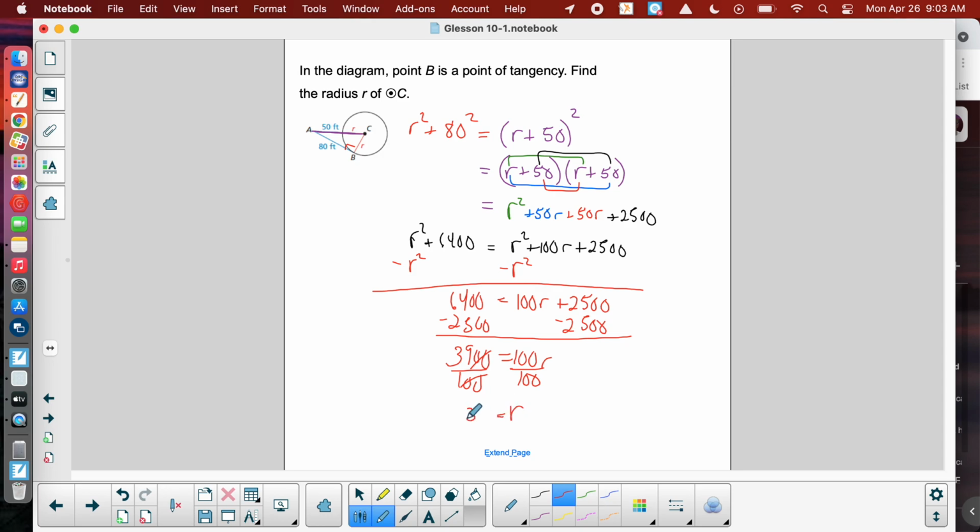R equals 39. And there we go. We found the length of R that works. So you're going to see problems like this. You're going to have to FOIL that out. That's why we practiced this last week, because you're going to see problems like that.